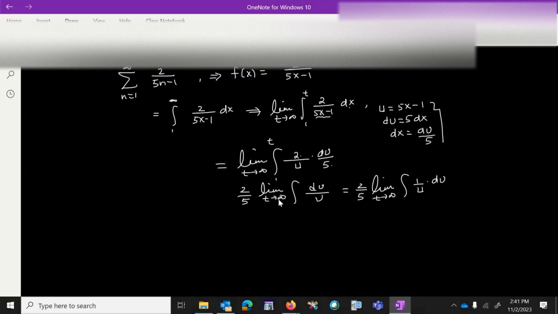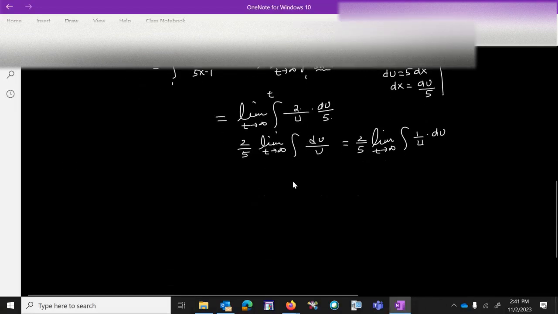Now you remember this, I hope: the integral of 1 over x is ln x. So this will give me 2 over 5 times the limit as t approaches infinity of ln u plus some constant, and don't forget this runs from 1 to t.